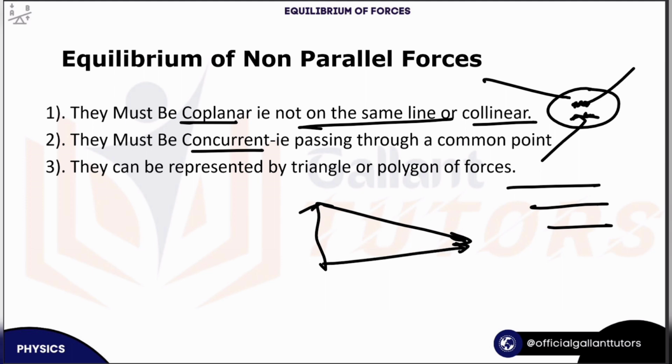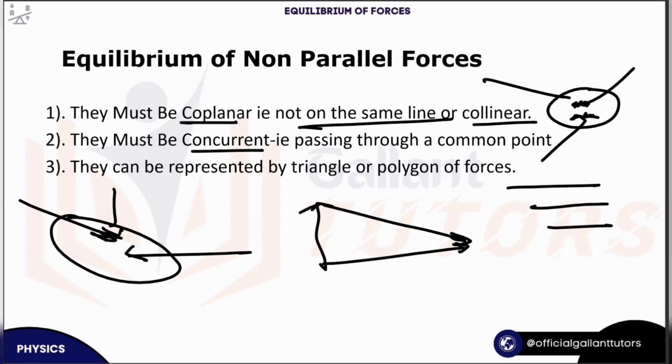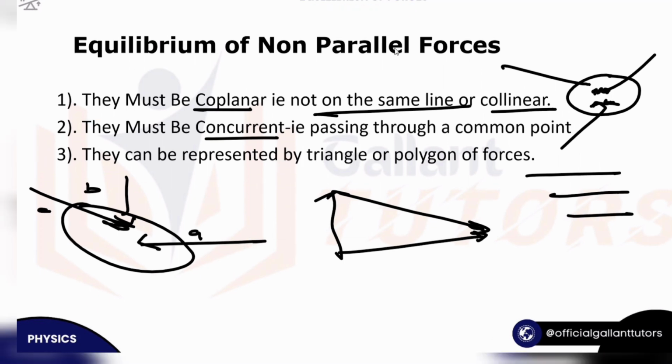If this were something like this, sorry, don't mind my diagram, I can now say this is A, this is B, and this is C. So if I represent it this way, here will be C, here will be B, and here will be A. So what equilibrium of non-parallel force is trying to say is that it can be represented by applying the triangular law of forces.